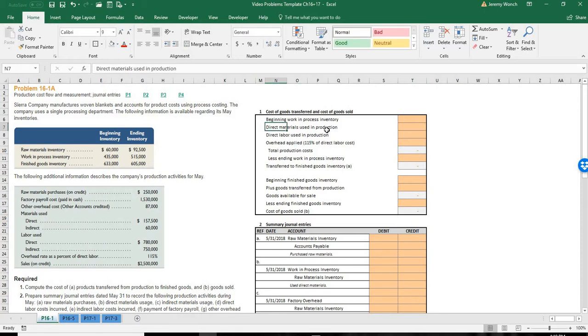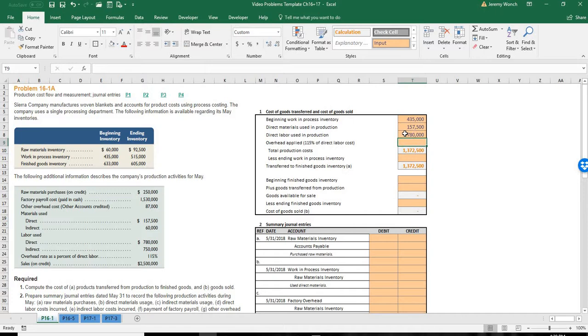So we'll start off by plugging in the beginning work in process inventory, which gives us 435,000. Then we add in the direct materials that we used during the month, 157,500, and the labor we added, 780,000.